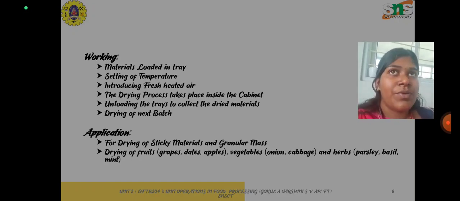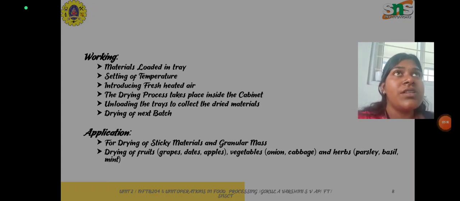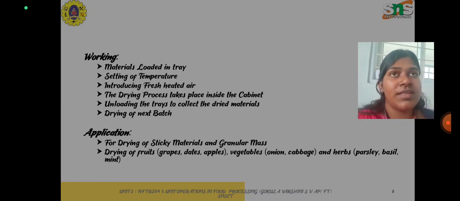If you need a perfect color, you have to monitor the evaporation process or drying process closely, so that you can take out the product at its desired color, and also it can be maintained in a very dry state. And in the next session we can see about the other types of dryer.